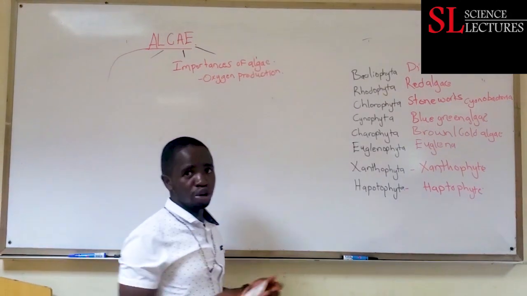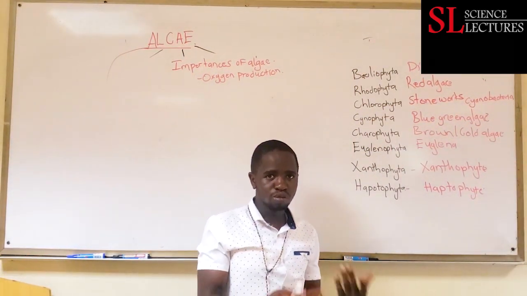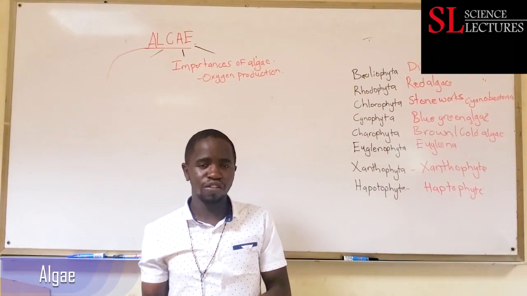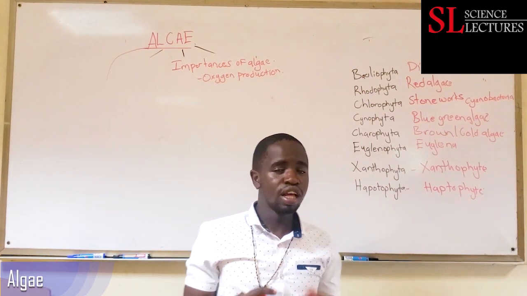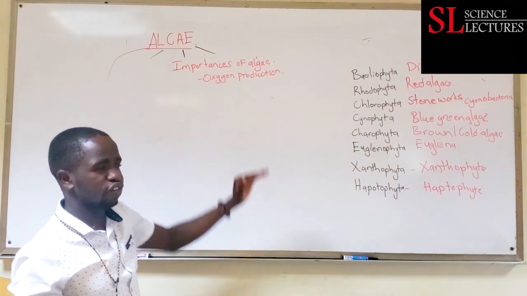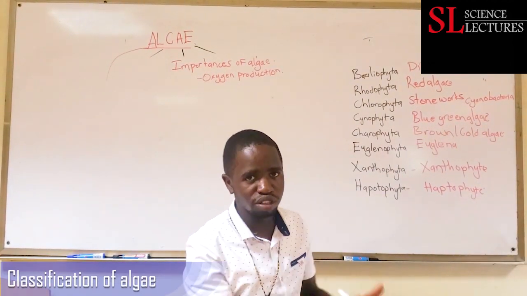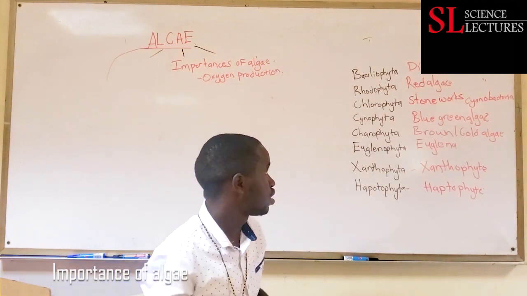Now, algae is photosynthetic. That means it will use carbon dioxide and water to manufacture its own starch and other food components, as we've seen earlier, and it will give off oxygen as a byproduct. So this oxygen is very important, especially within the aquatic ecosystems, because it supports life there.